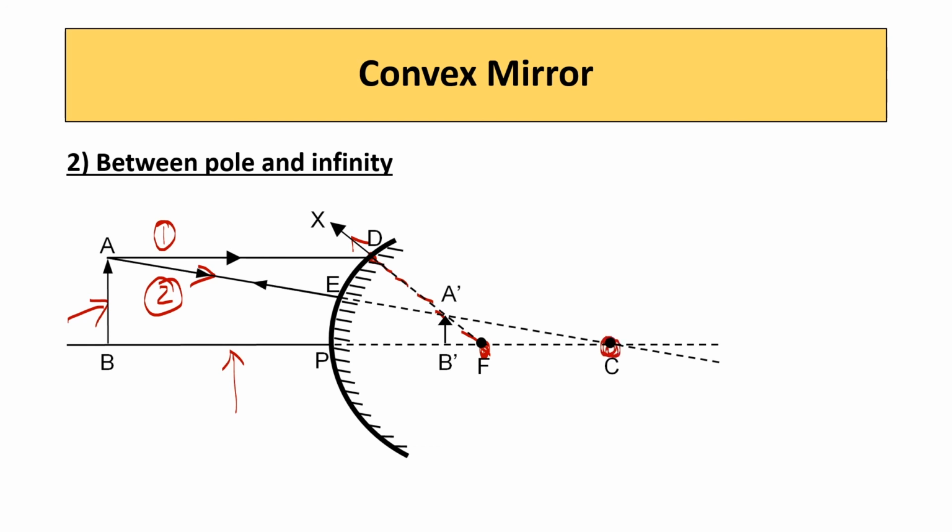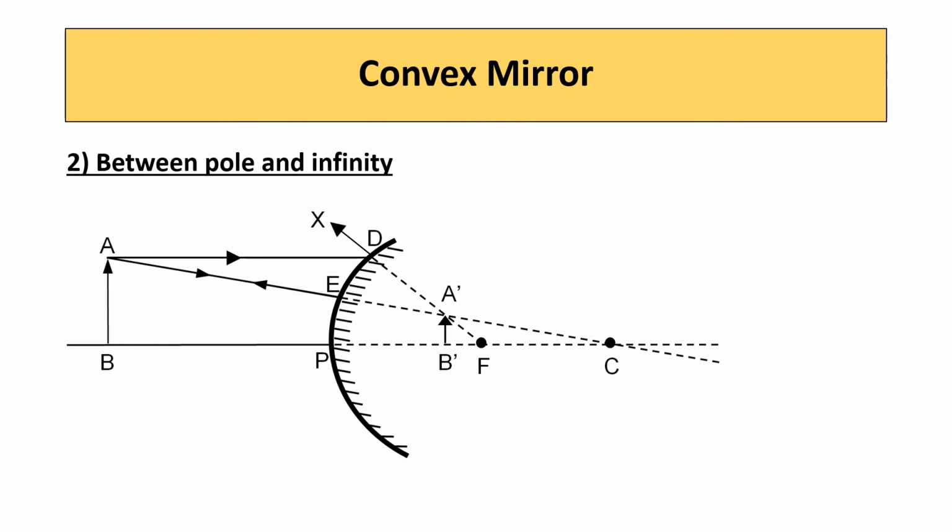Therefore, it is reflecting back along the same path. When these reflected rays are produced backwards, it intersects at this point. At that point, you will get the image. The image is obtained at the intersecting point.